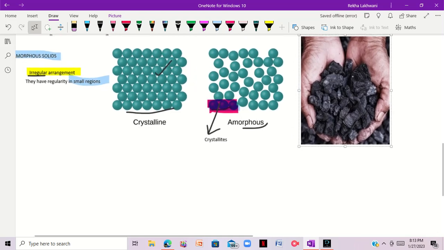So this small regularity in a small region is known as a crystallite.